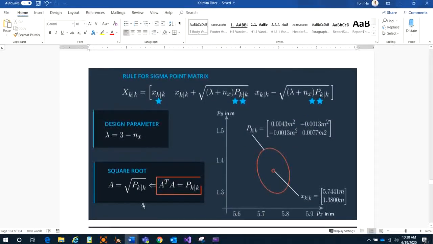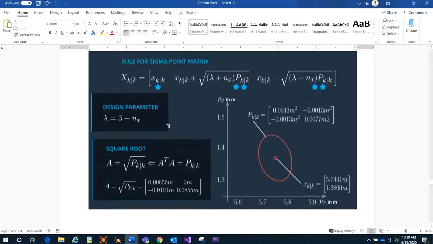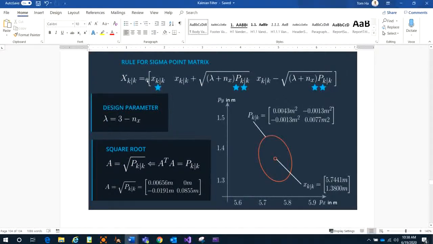And one more thing we have to know: we will call A equals the square root of Pk, right? In C++ code, you will have a library, the Eigen library, that helps you get the square root of the covariance matrix right here. So we go to find the sigma points for this example. The first one, we use the mean state right here. How about the other 2 sigma points?